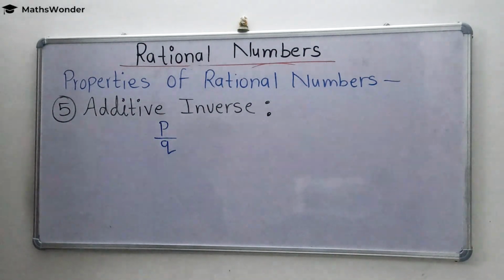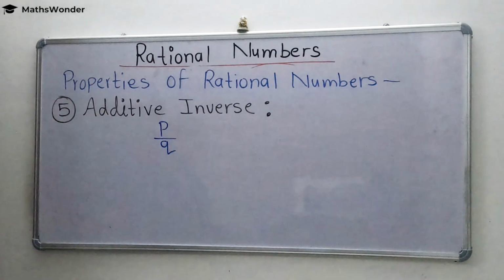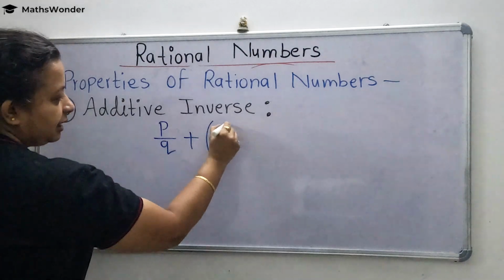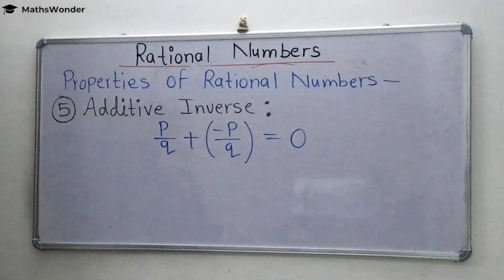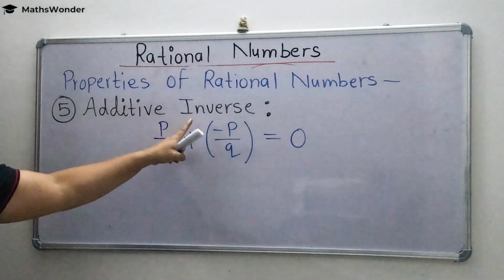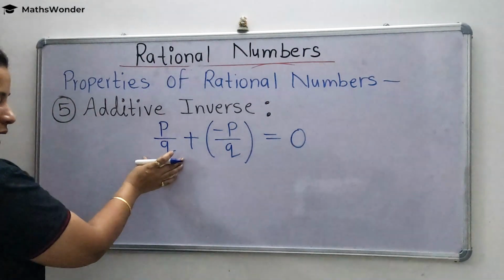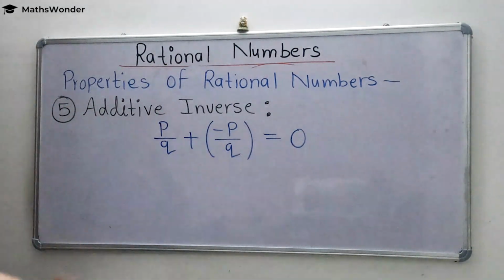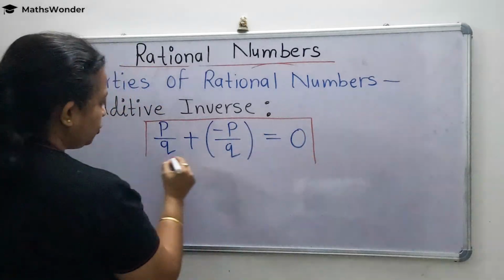If P over Q is a rational number, then there exists a rational number, the negative P over Q, and if you add them, what will you get? 0. Because the additive identity is 0, the additive inverse is whatever number, if you have a positive number, you take the same number with the negative sign. So the sum will always be 0. The same you can do.